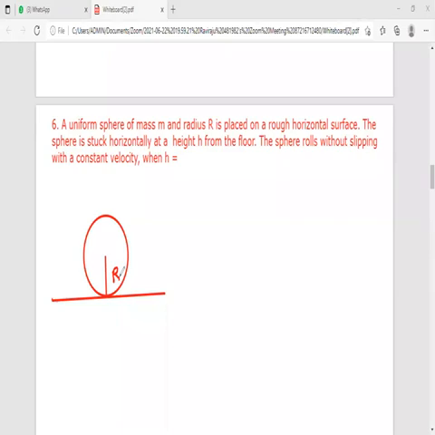So to overcome the friction, we have to apply some force at the upper part. Let me consider this is the point of application of force F, at some height h from the surface. If I apply force there, the whole sphere starts moving. So what is the angular momentum in this case?